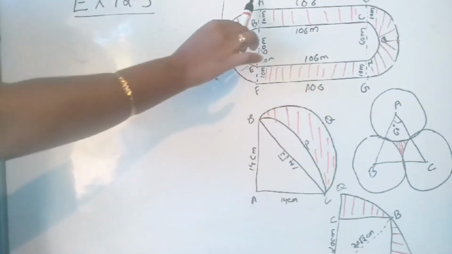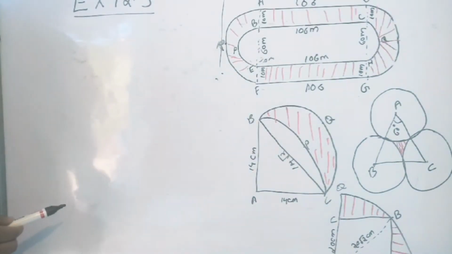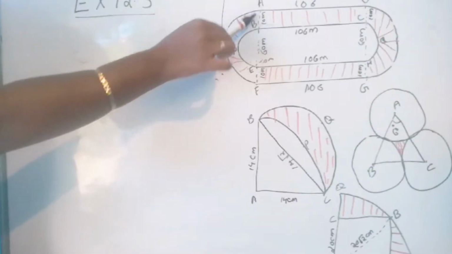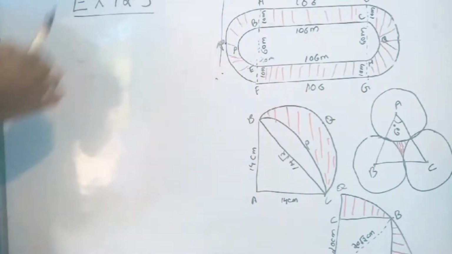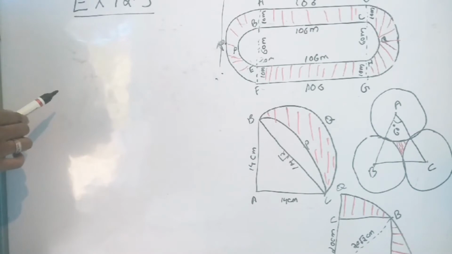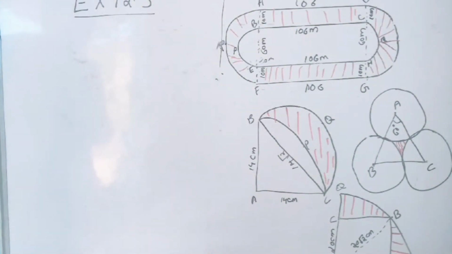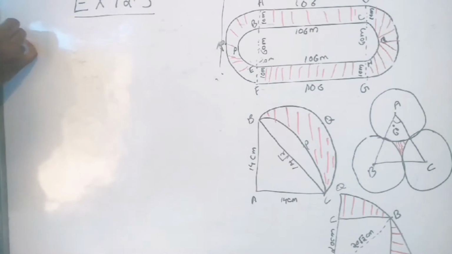Then obviously the length of AD and FG is also 106 meter. The shaded portion represents the track, and the width of the track is 10 meter. This much information is given in this question. First we need to find the distance around the track along its inner edge.